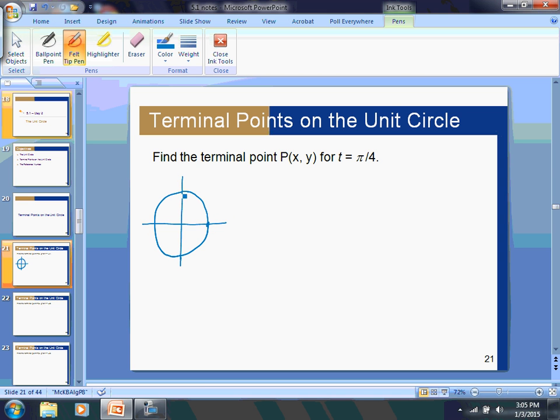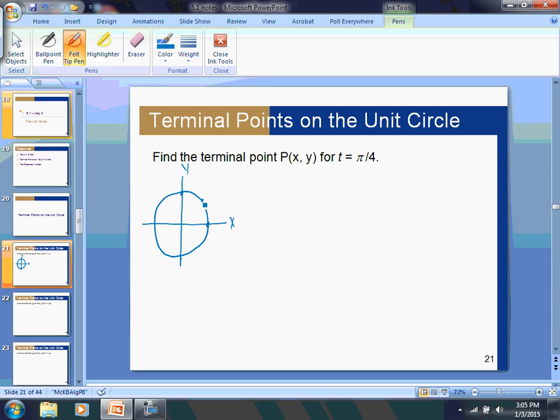And we have our other terminal point up here, which is 0, 1. We've got our x-axis and we've got our y-axis. Okay. Now, remember, this was 0 degrees and 0 radians. And then this measurement up here was 90 degrees, or pi over 2 radians.